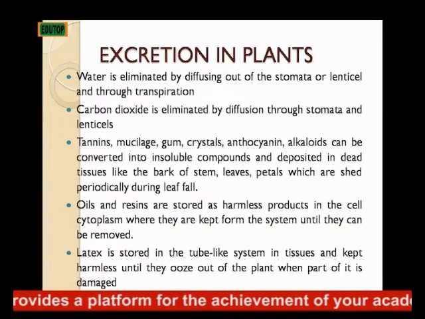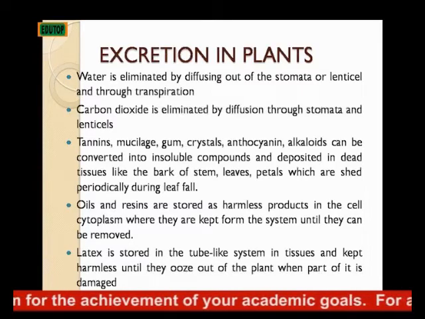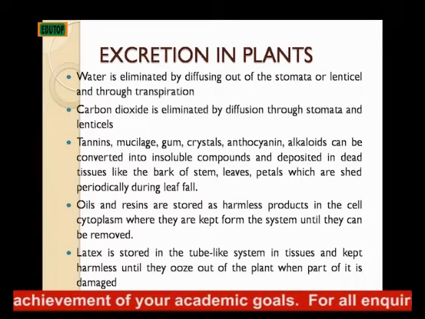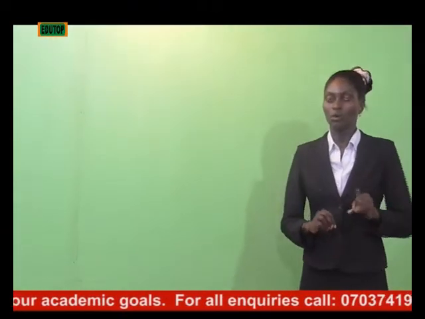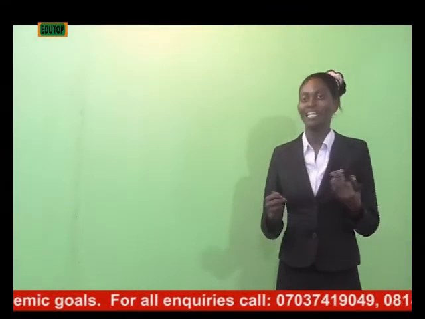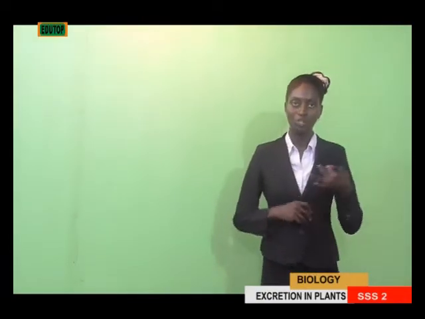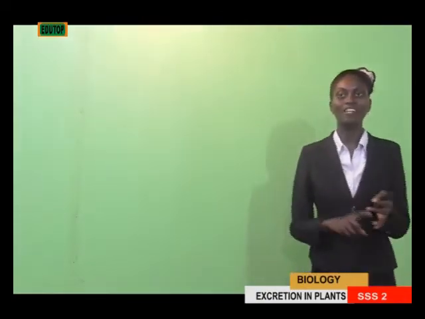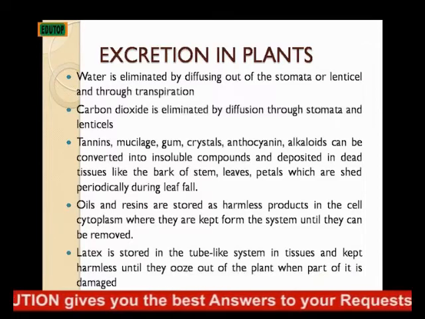Water is eliminated by diffusing out of the stomata or lenticel and through transpiration. We have talked about transpiration before. So water is eliminated by diffusion through the stomata of the leaf and the lenticel, and also through transpiration. Also, carbon dioxide is eliminated by diffusion through the stomata and the lenticels.